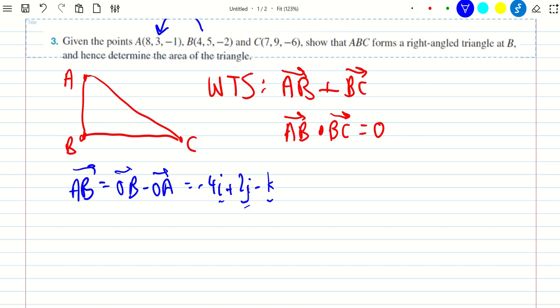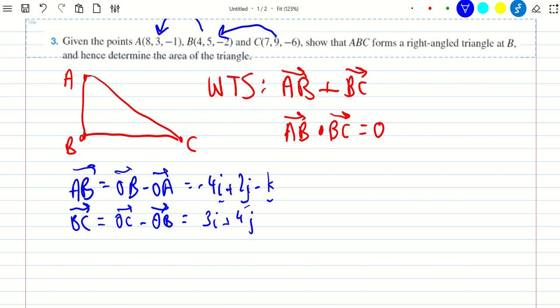Now we need BC. I'll do it down here, that's okay. BC is equal to, remember BC is equal to OC take away OB. So C take away B. All right, so 7 take away 4 is 3i. 9 take away 5 is 4j.